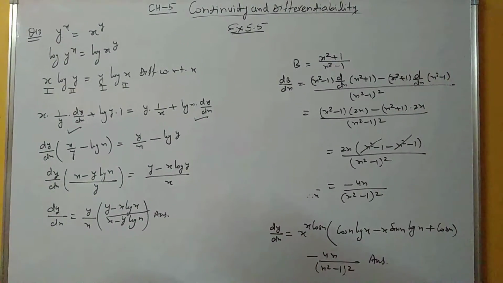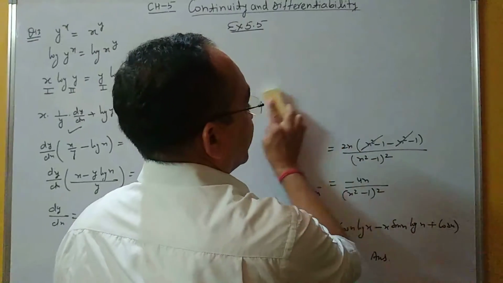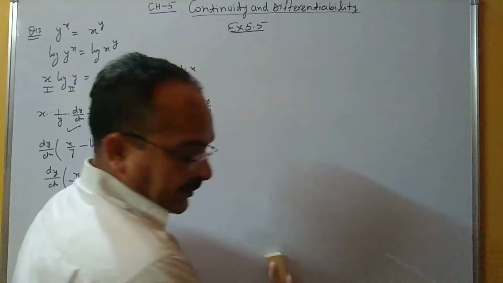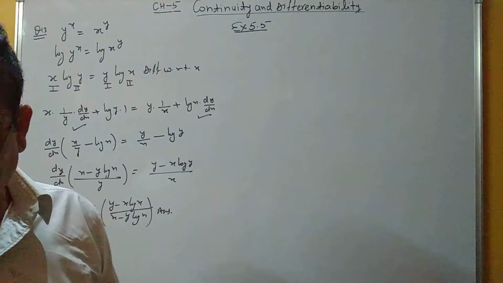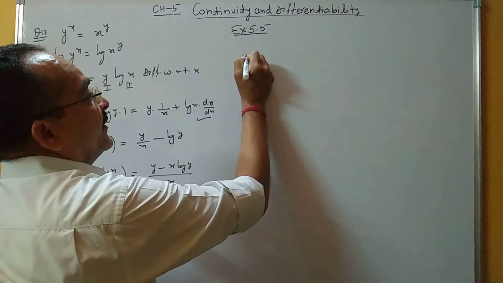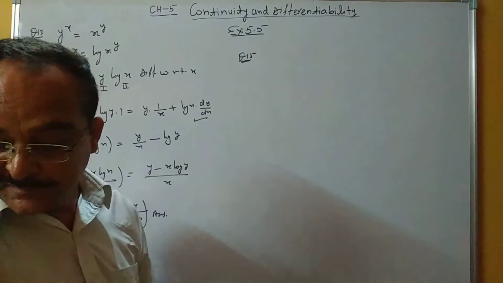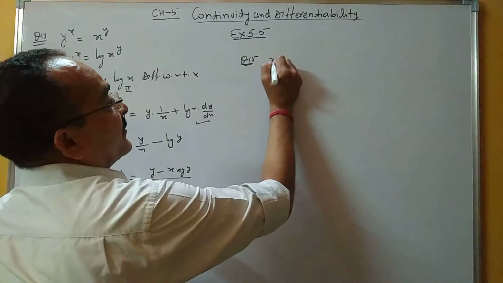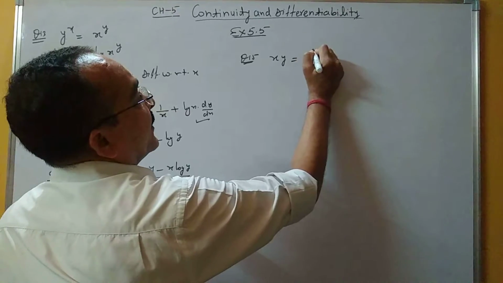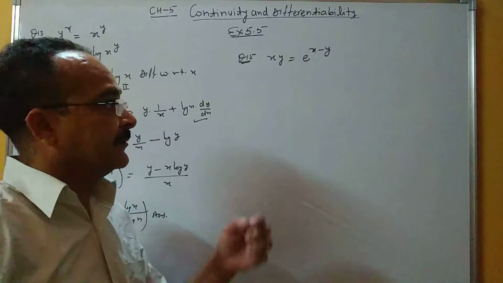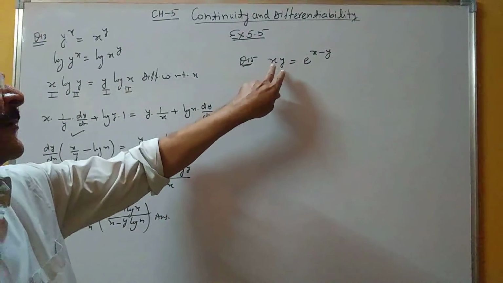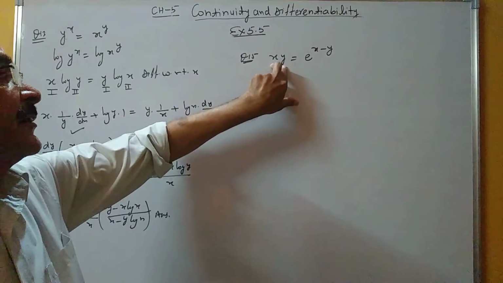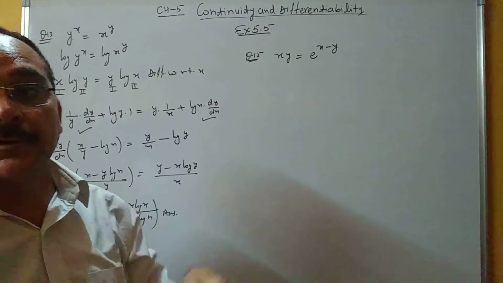And the third type of this exercise, I am taking question number 15, and question number 15 is xy is equal to e to the power x minus y. Again you see that these two functions are in product, and that is e to the power.